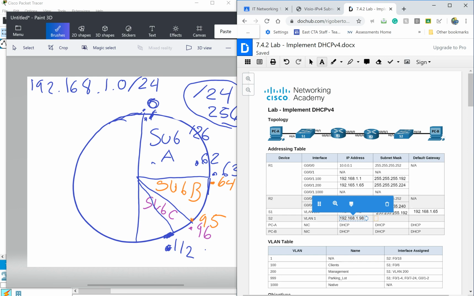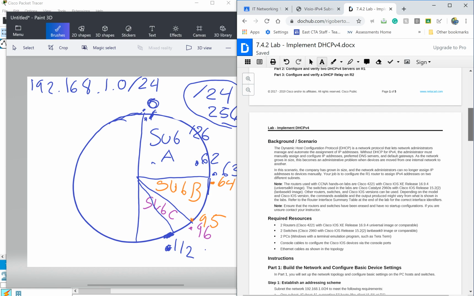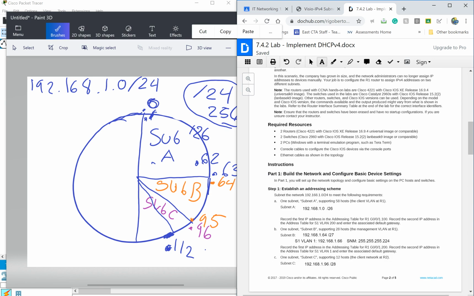Subnet mask is going to be 255.255.255.240, and my default gateway is going to be 192.168.1.97. All right, so that's good right there where it is. Hopefully we have everything done the way it should be, but we'll discover that later when we set everything up, won't we?